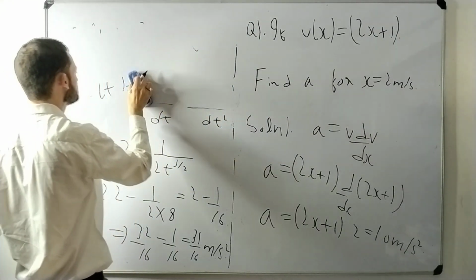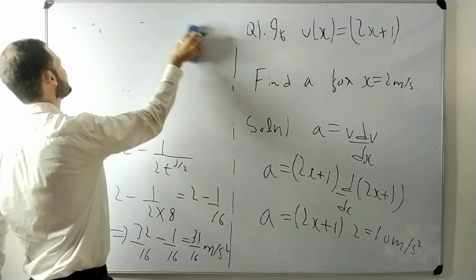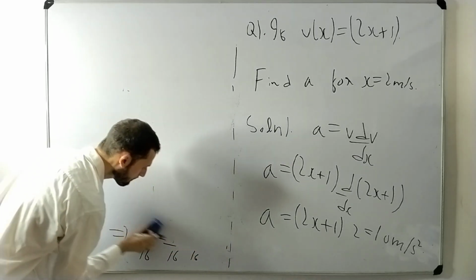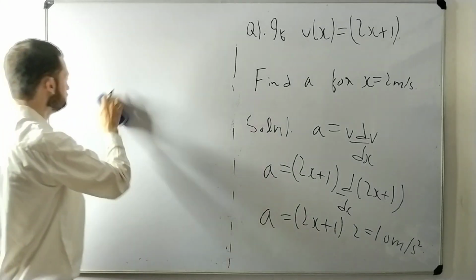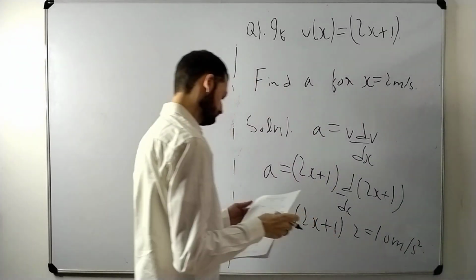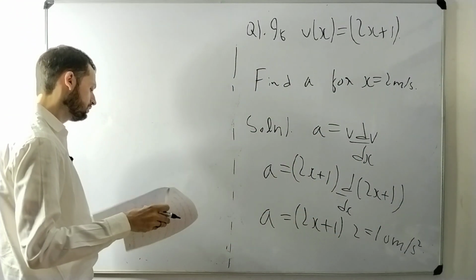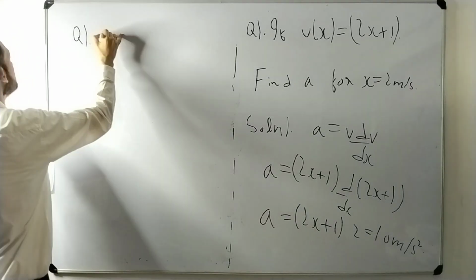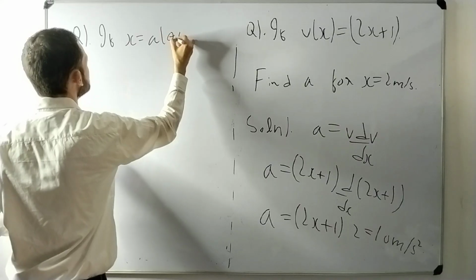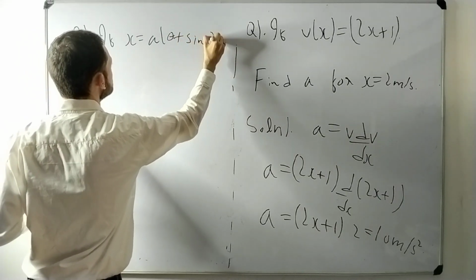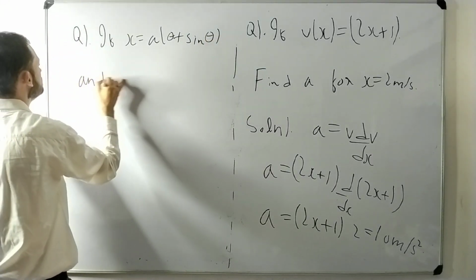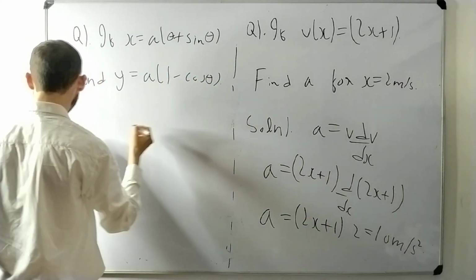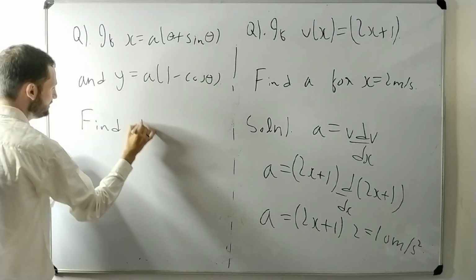So, a chain rule question. If x is equal to a times theta minus sine theta, right, students, and y is a times 1 minus cos theta, find dy by dx.